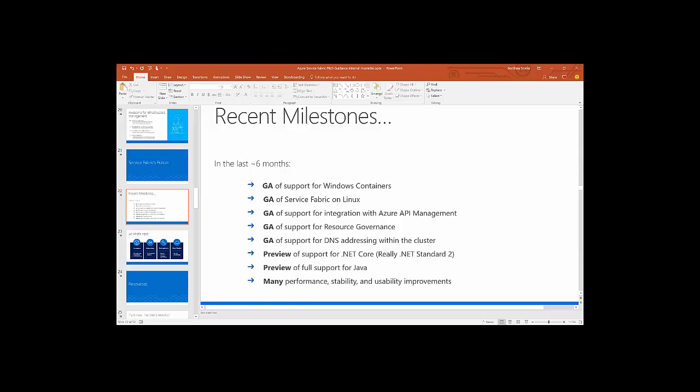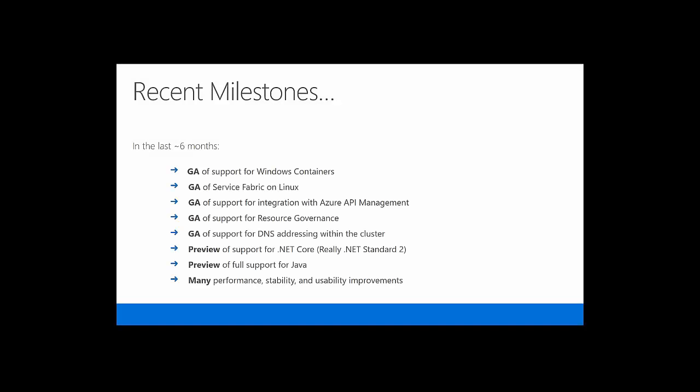We added a DNS service into the cluster that helps you locate and communicate with your services. And then we've previewed support for .NET Core and really .NET Standard 2 and Java support. So there's more work coming there as the Linux side of the fence comes along, and those worlds themselves needed to stabilize a little. So I'll leave that there.